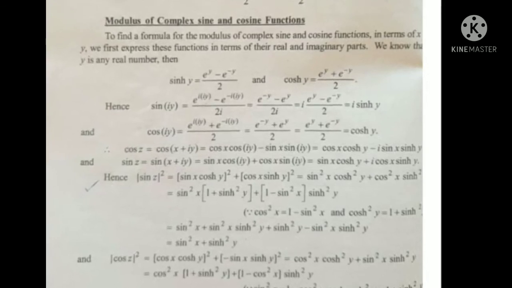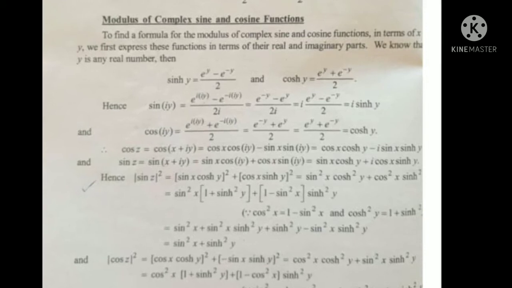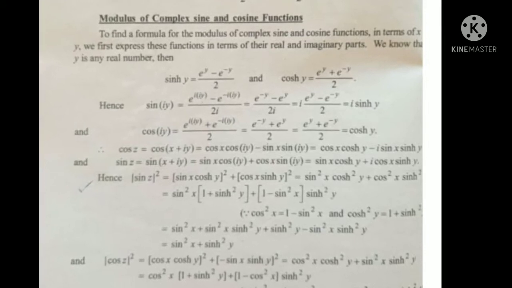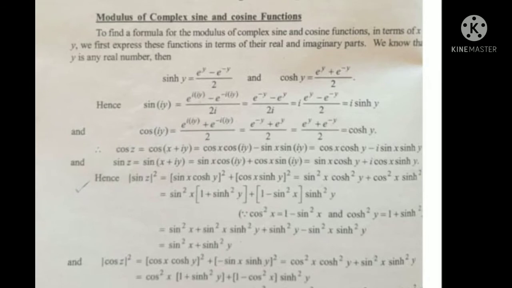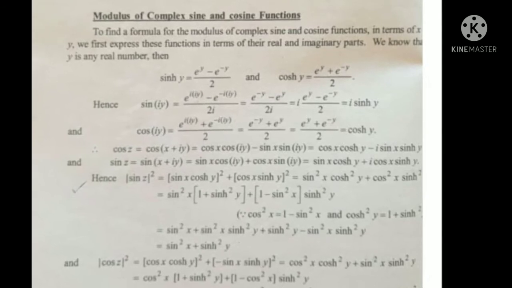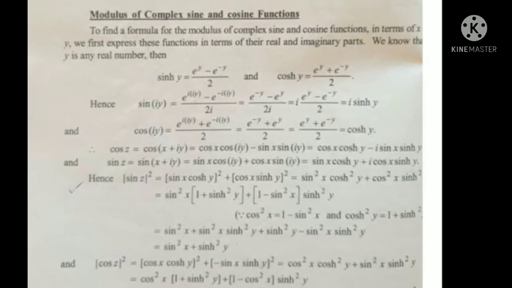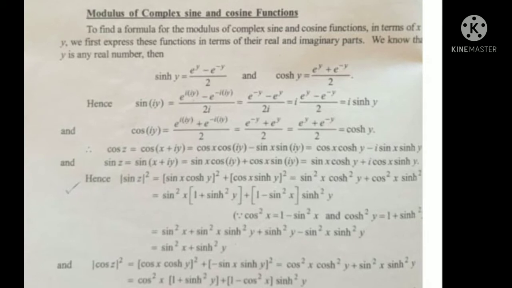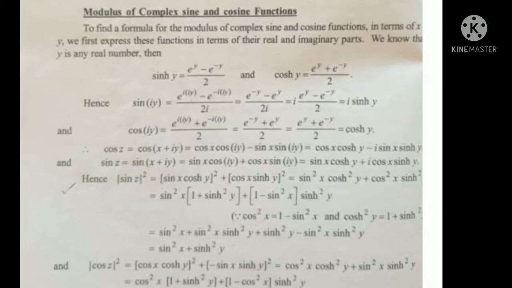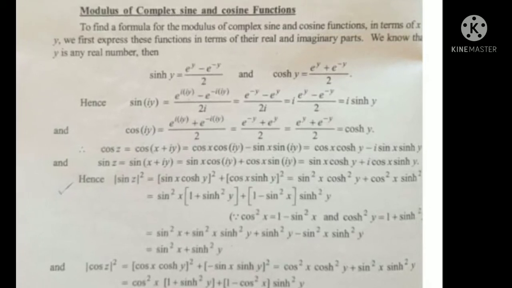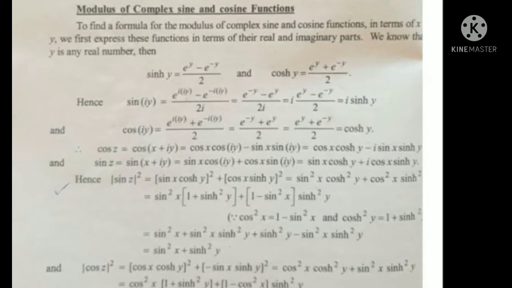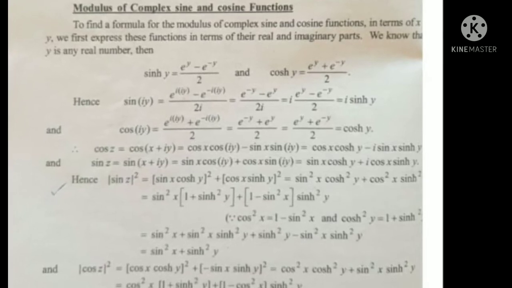We know that 1/i equals −i. And cos iy equals (e^(i·iy) + e^(−i·iy))/2, using i squared equals −1. So (e^(−y) + e^(y))/2, that is equal to (e^y + e^(−y))/2, equal to cosh y.